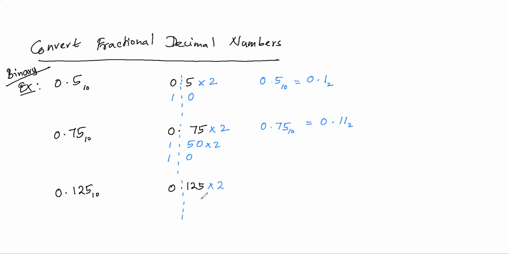So this becomes 0.25. So this is 0. Again you multiply by 2. So this is 0.50. Again multiply by 2. This is 0 and 1. So 0.125 in base 10 equals 0.001 in base 2.